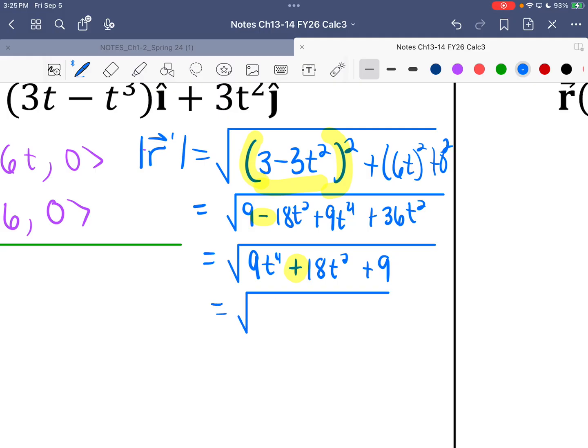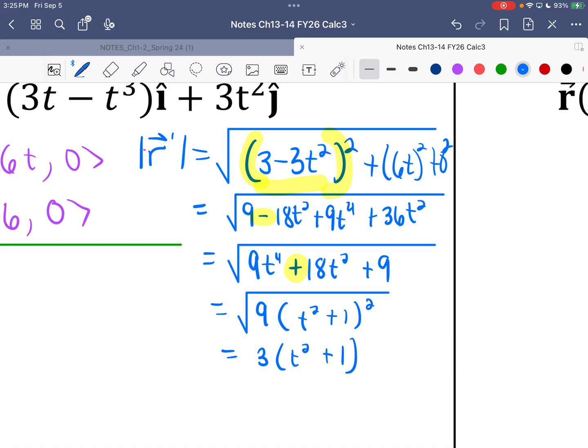Or you could take out the 9 and factor. Let's write it the other way around. And square root both of those, we get 3 times t squared plus 1.